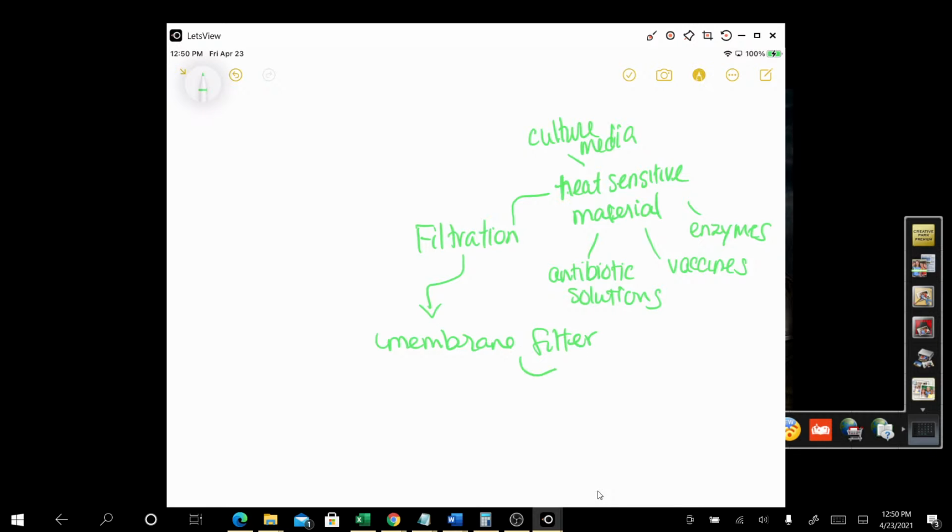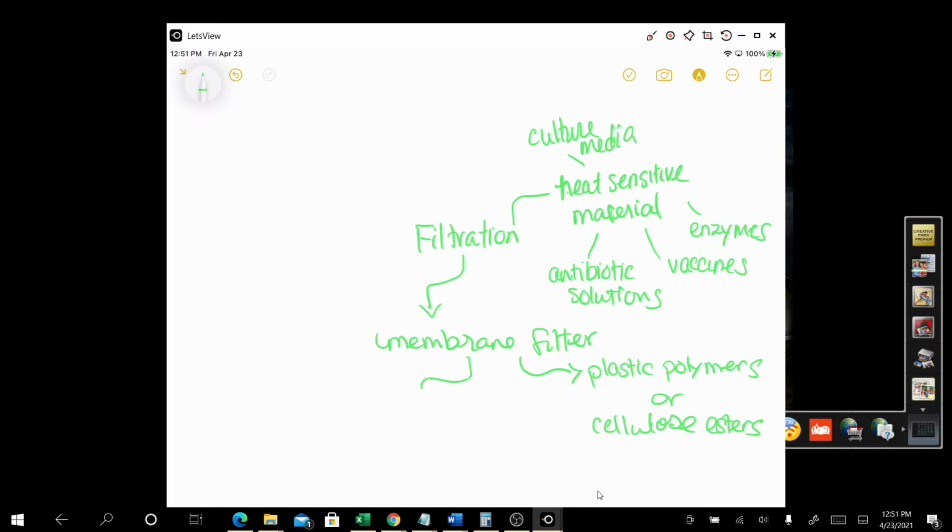Now, some of these filters can be made up of plastic polymers or cellulose esters.